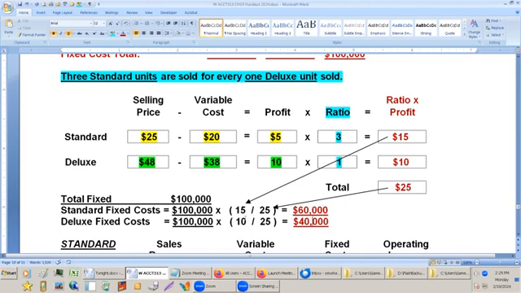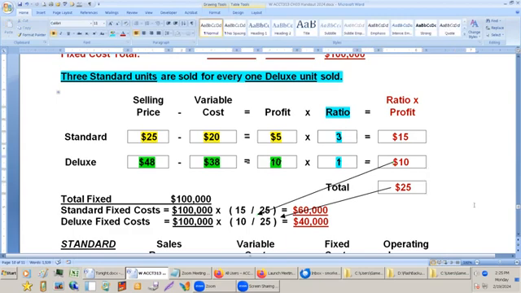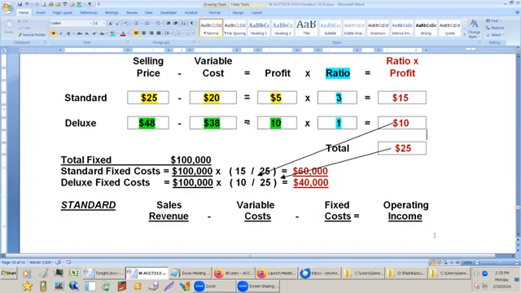But the ratio thing still works out. And this would be, so the deluxe would get that.